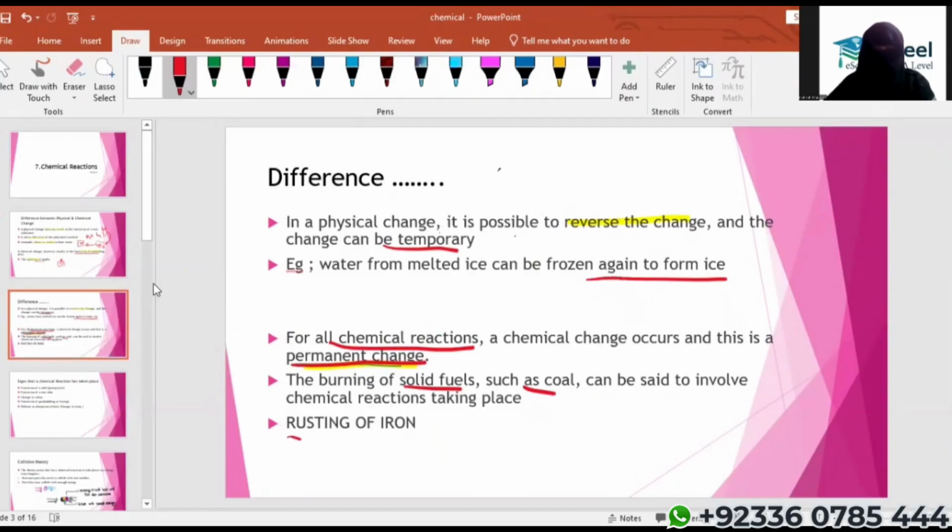Another example is rusting of iron. Rusting of iron occurs in the presence of water and oxygen. An orangey red powder forms on the surface of the iron rod. And that is a chemical reaction. So now you know the difference between a physical change and a chemical change.